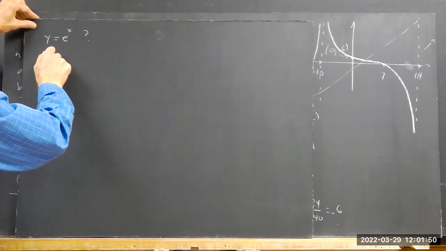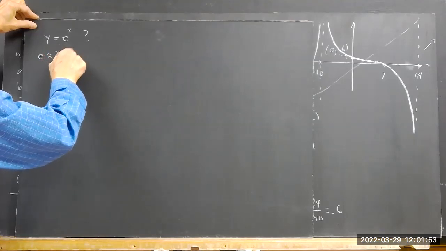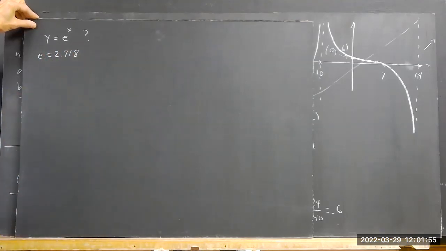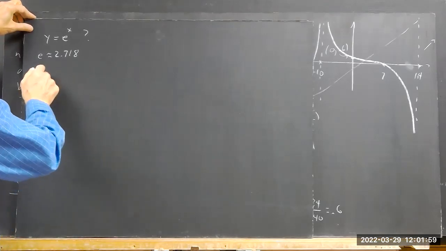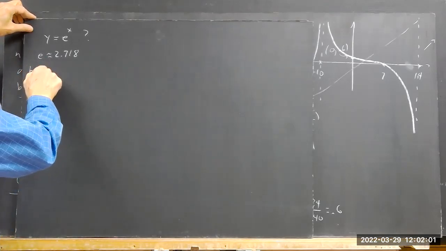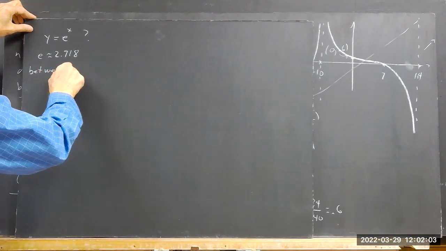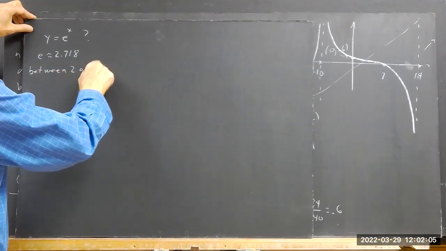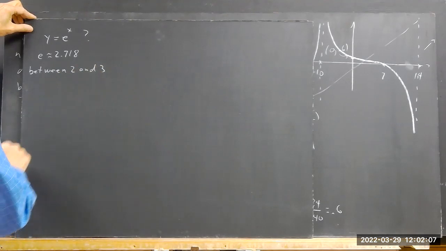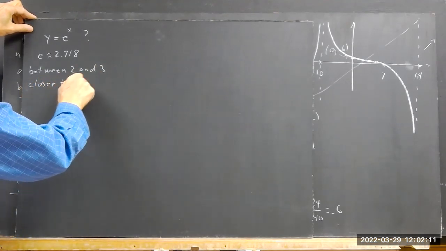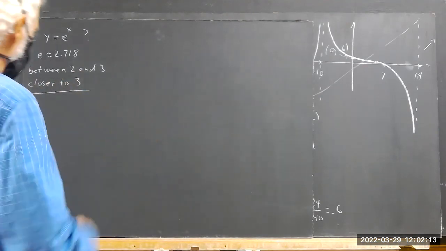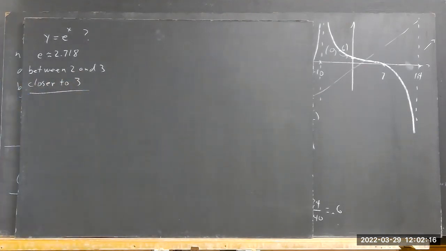Well, e is approximately 2.718. Between 2 and 3. Roughly ballpark twice as close to 3 as it is to 2.